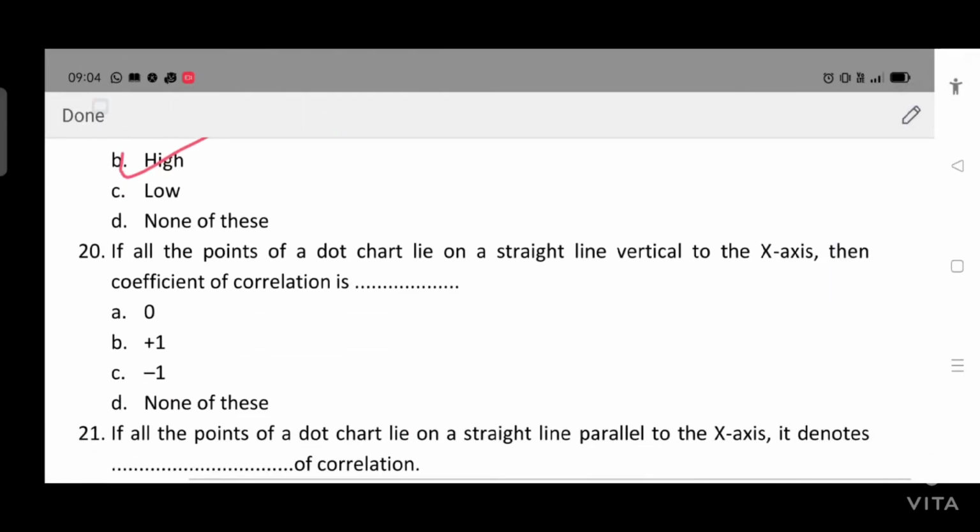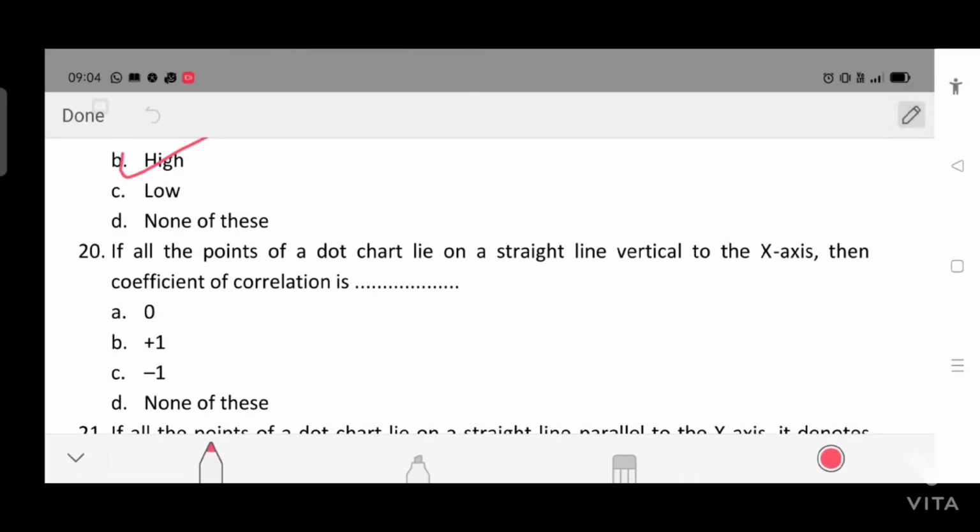Question 20. If all the points of a dot chart lie on a straight line vertical to the x-axis, then the coefficient of correlation is A, B, C, D. Answer what? A. 0.